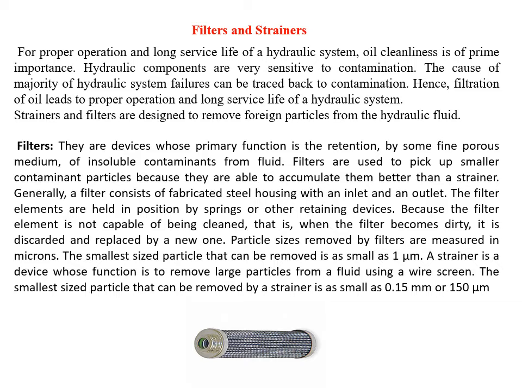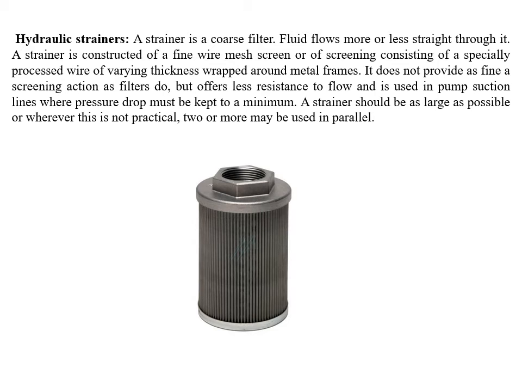Let us study some detail about the strainer. What is a strainer? A strainer is a coarse filter. Fluid flows more or less straight through it. A strainer is constructed of fine wire mesh screen, consisting of specially purposed wire of varying thickness wrapped around a metal frame.